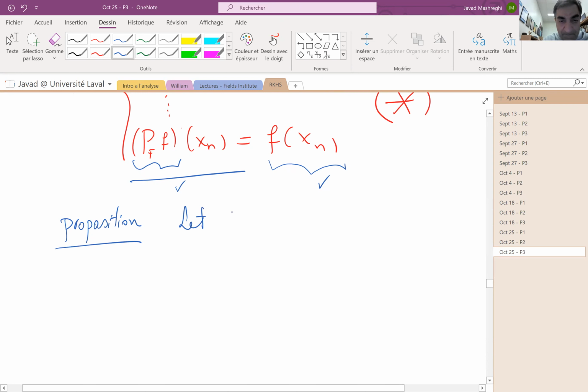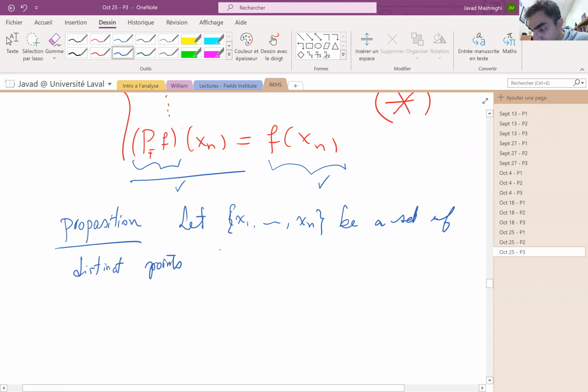Let x1 up to xn be a set of distinct points in X, and let y1 up to yn in C be arbitrary.